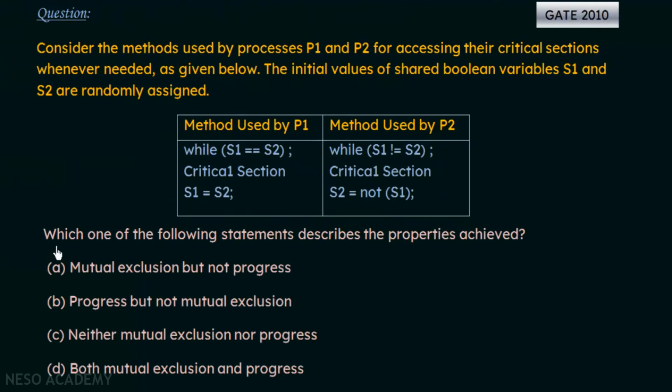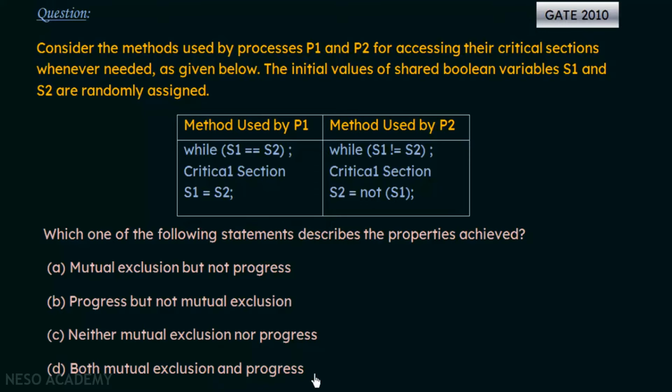The question is, which one of the following statements describes the properties achieved? We have four options. Option A says mutual exclusion but not progress. Option B, progress but not mutual exclusion. Option C, neither mutual exclusion nor progress. And option D, both mutual exclusion and progress.